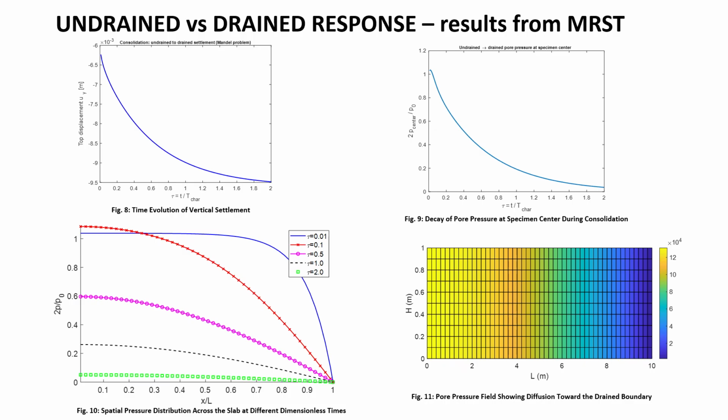Having validated the undrained to drained transition using the Mandel benchmark, we can apply this understanding to our hydrogen storage reservoir simulation, where similar poroelastic effects occur during injection, shut-in, and drawdown cycles, which we are going to build from this intuition in subsequent slides.